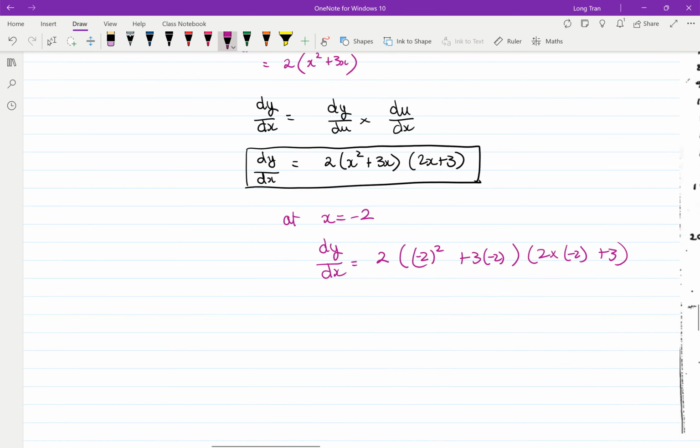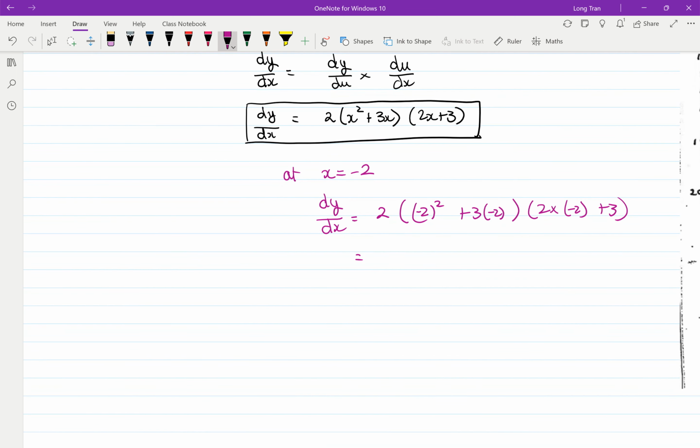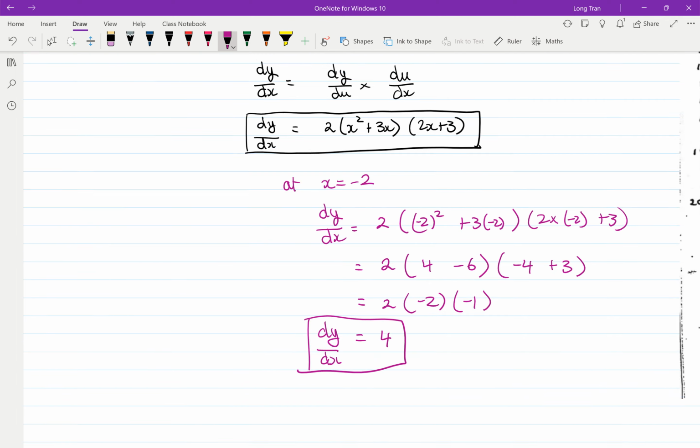So assuming that you do all that correctly, 2 times (4 minus 6), which is negative 2, times (negative 4 plus 3), which is negative 1. That gives you 4.